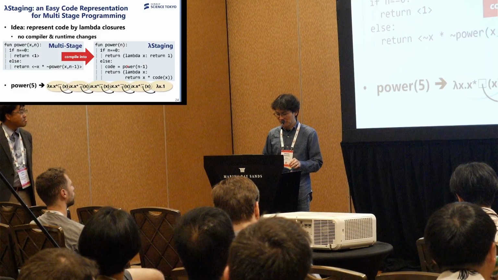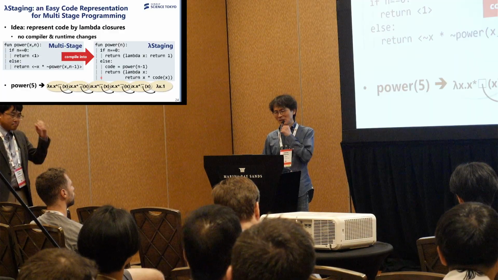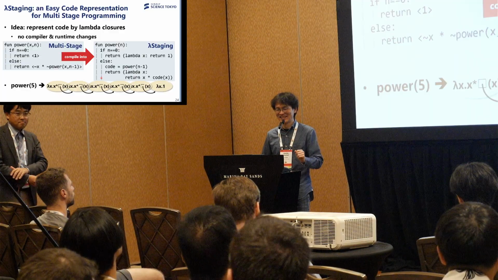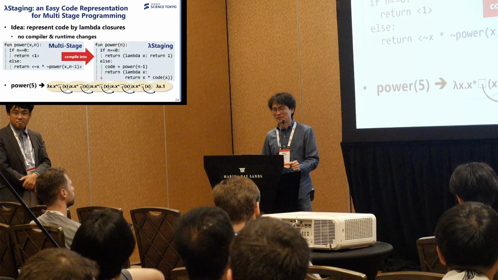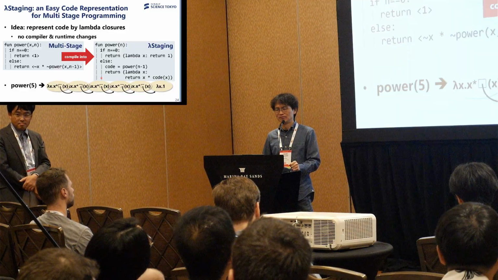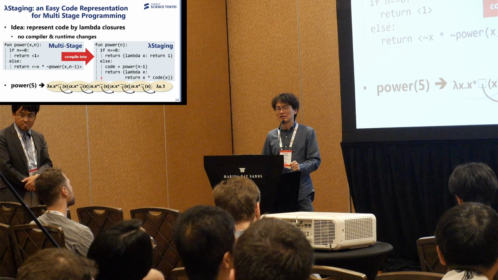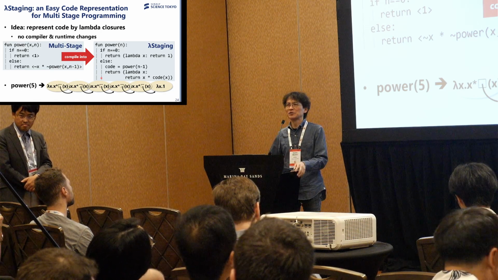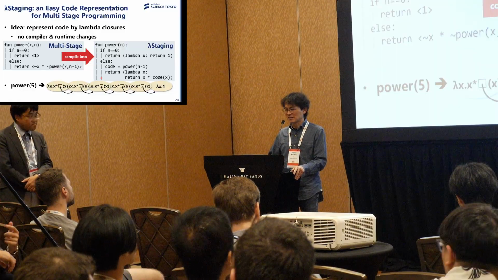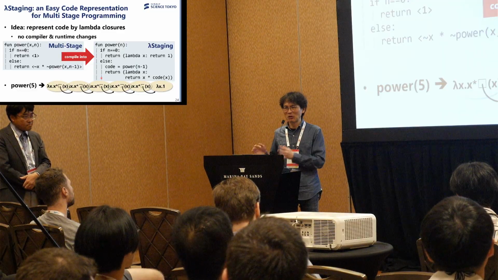I guess the question is about... My question could be: will the code-generated power function be evaluated at the same time, or can the generated code be output? I see. And then evaluated in another stage. The question is about whether this is assuming offline code generation or online code generation.